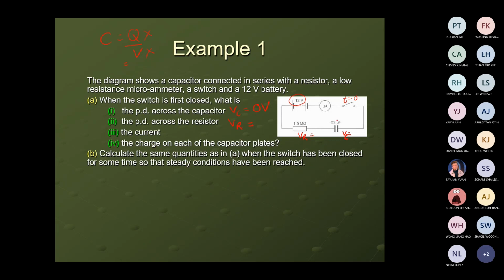Because the capacitor doesn't accumulate any voltage yet, the resistor will take all the 12 volt, because the capacitor voltage is 0. So that's the first answer, A1: the PD across the capacitor is 0 volt, and the PD across the resistor is 12 volt.